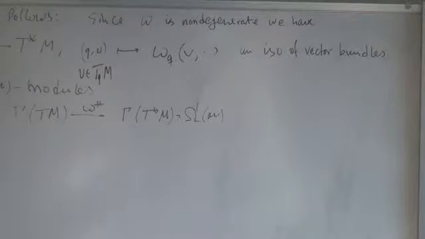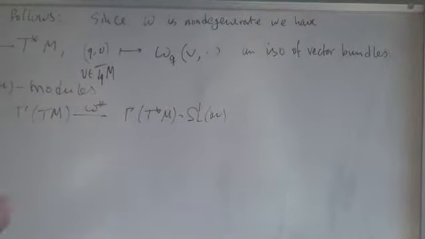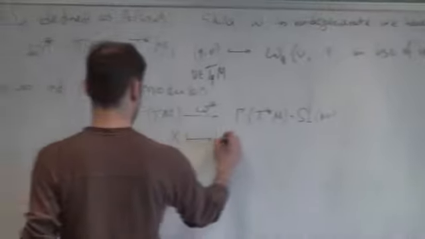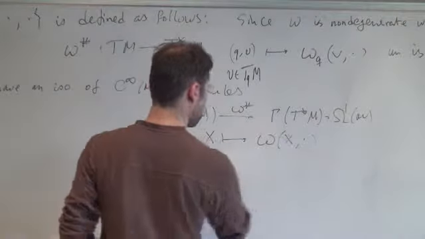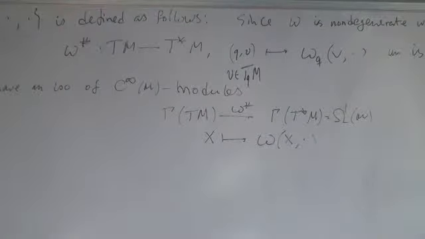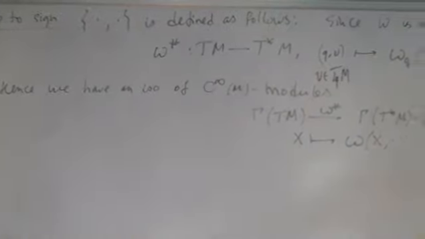These sections are vector fields. So given a vector field, I can plug it in at one point, and I get a one form.